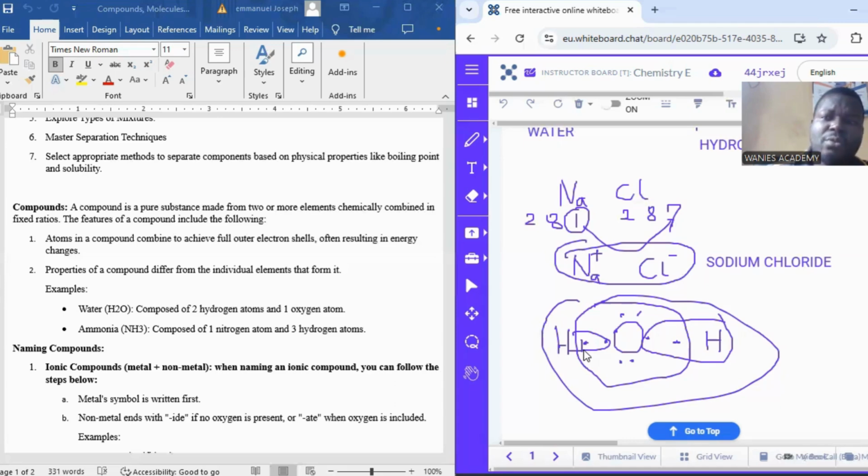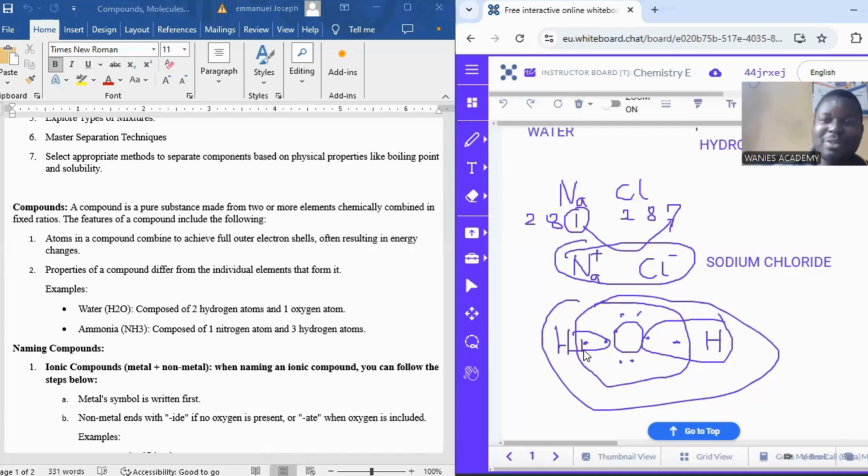Now, one would think that these two coming together will be very hazardous to man. But truth be told, we use sodium chloride to season our food. That is the common salt you use at home. You pour it into water, you pour it into your food, and it doesn't catch fire, unlike the elemental sodium.